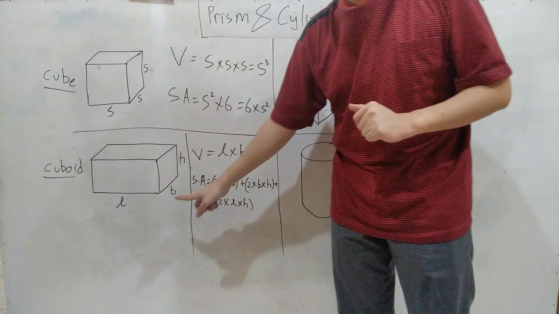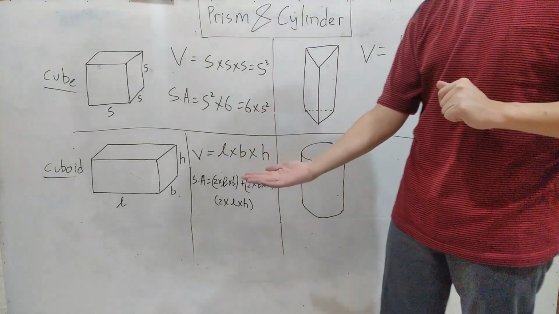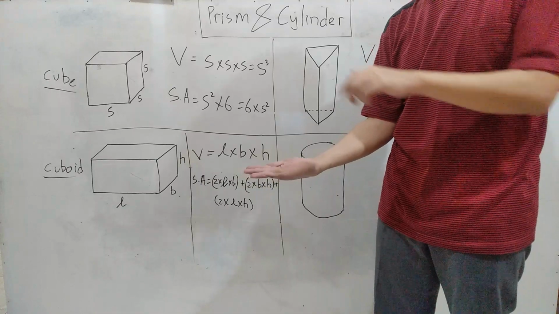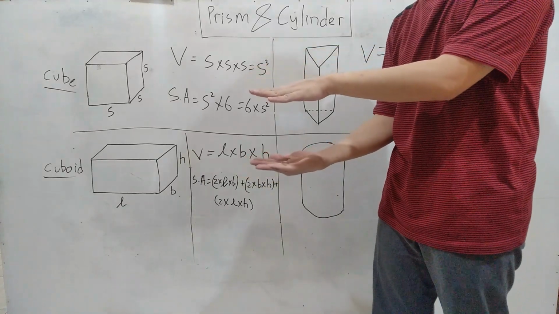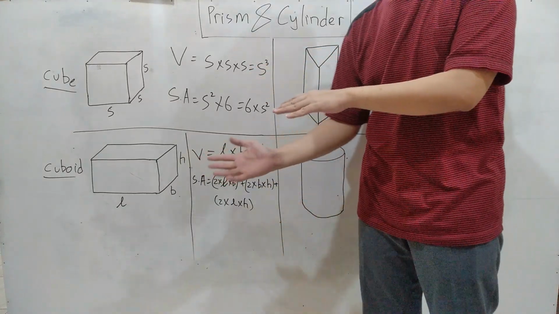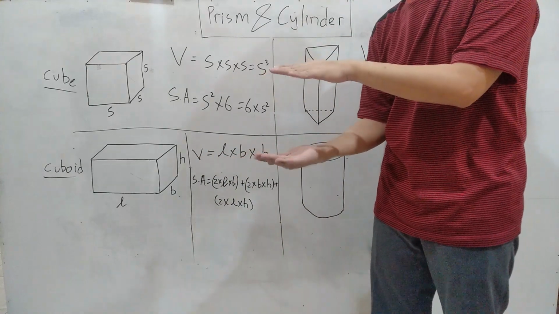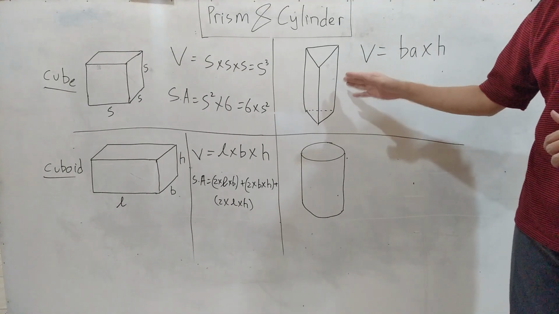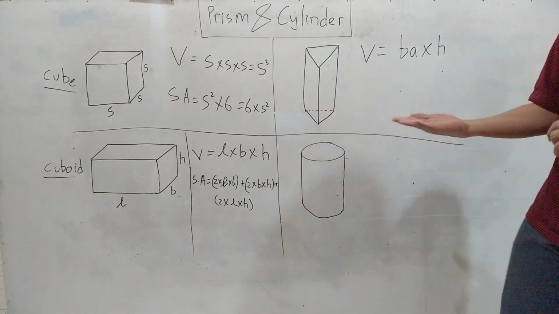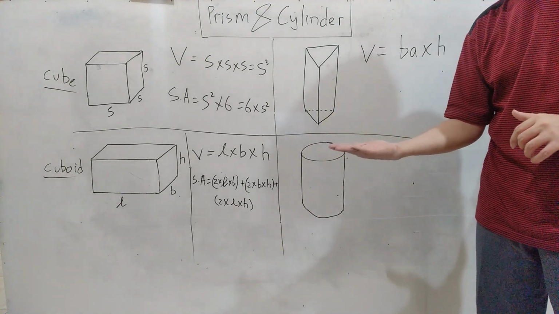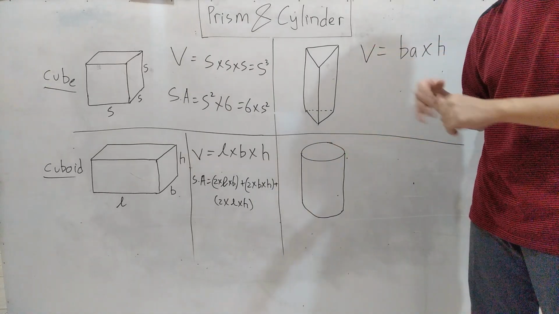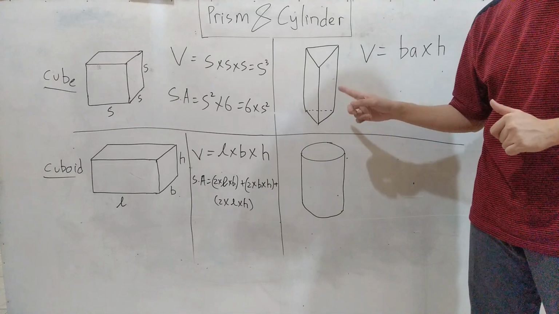While the cuboid has a bottom of a rectangle and a top of a rectangle, so a cuboid is actually a prism of rectangle. While this prism of triangle, the base is a triangle and the top is a triangle.